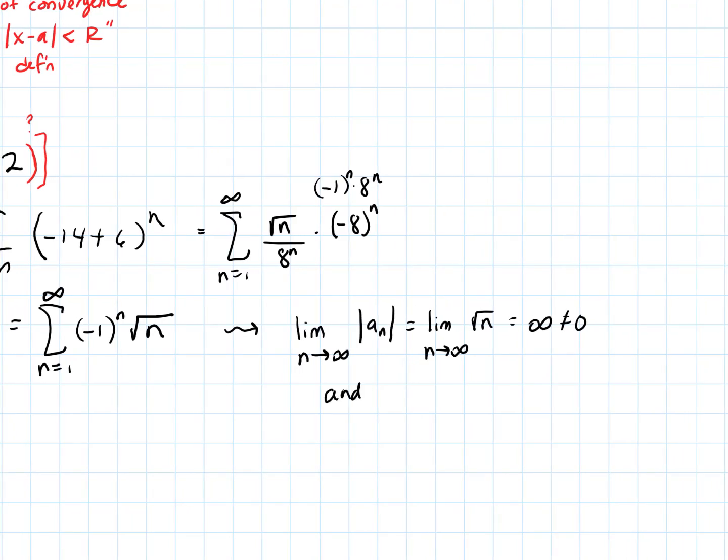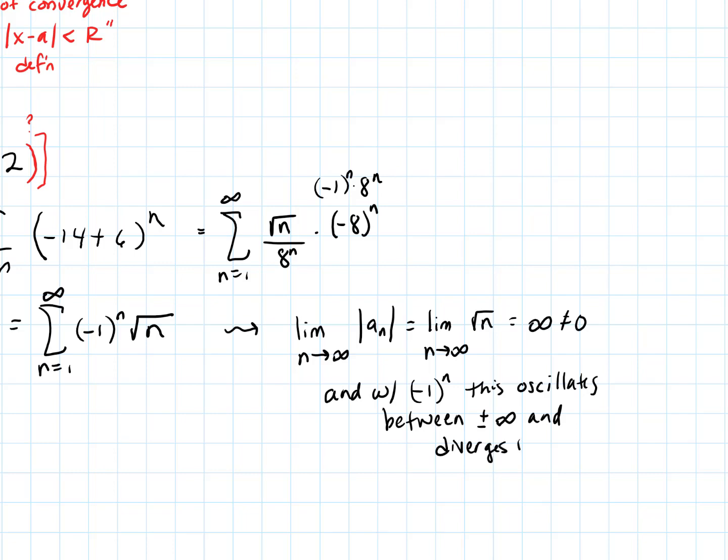And with the sign switch, this oscillates. Not only is it infinity, but it oscillates between positive and negative infinity, and obviously diverges by the divergence test. Okay?